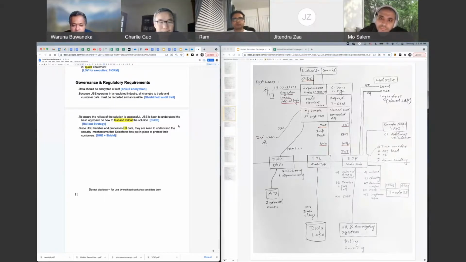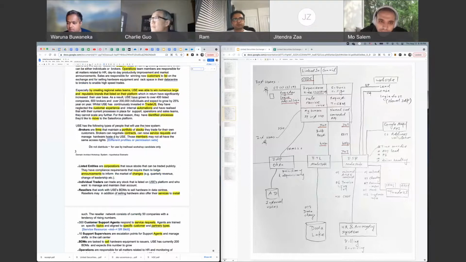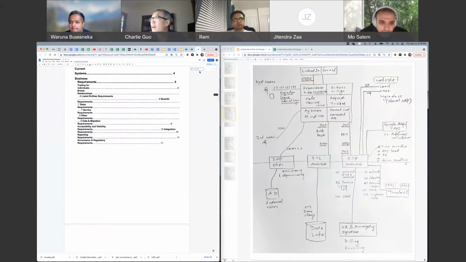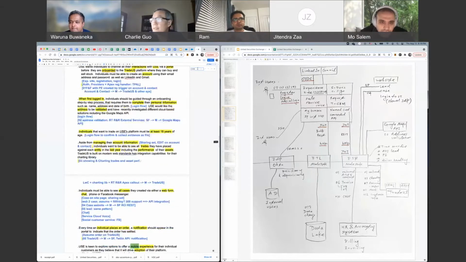So which requirement are you trying to fulfill by a native app? Can you show it to me in your requirements? Sure. I read it somewhere that we want to attract users.